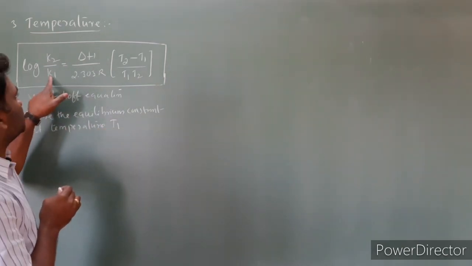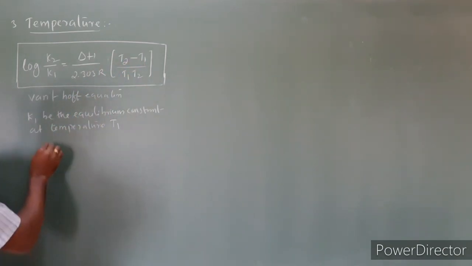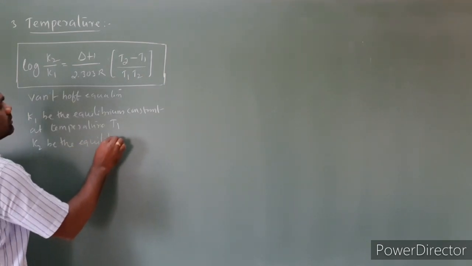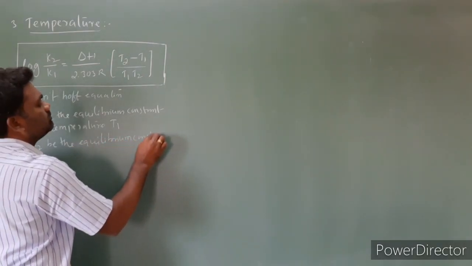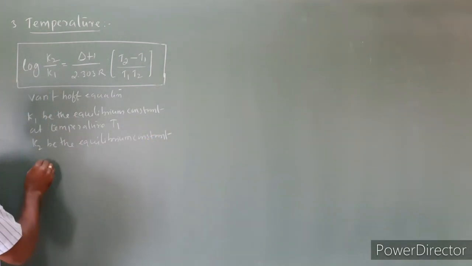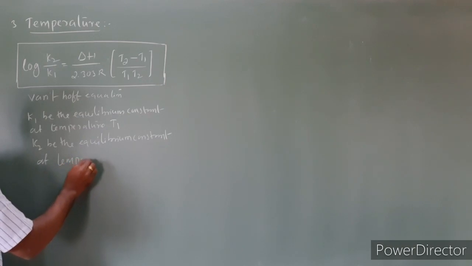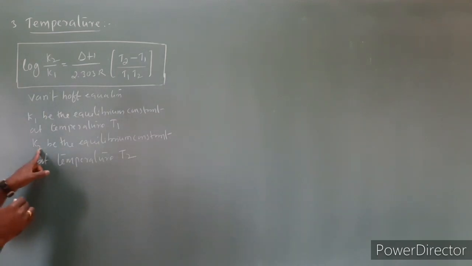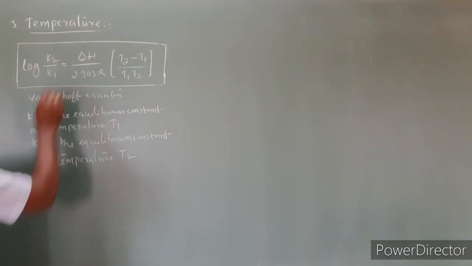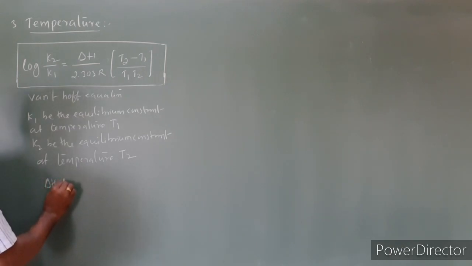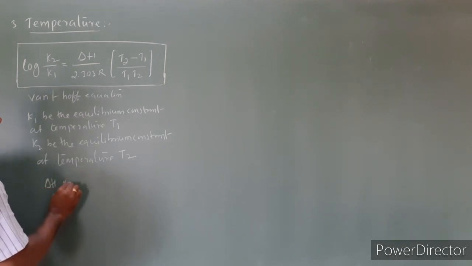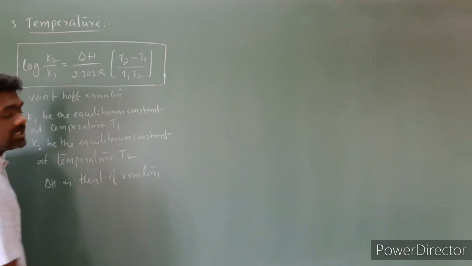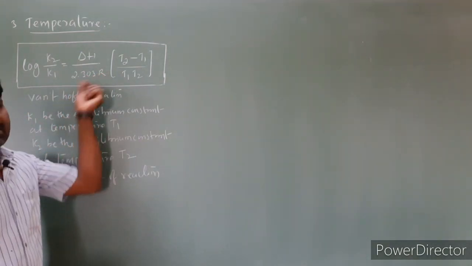Next, K2 is the equilibrium constant at temperature T2. Next, delta H is the heat of reaction, where R is the gas constant.